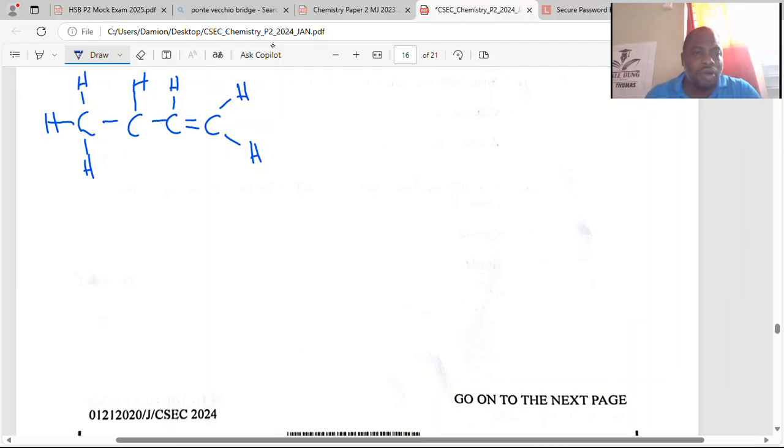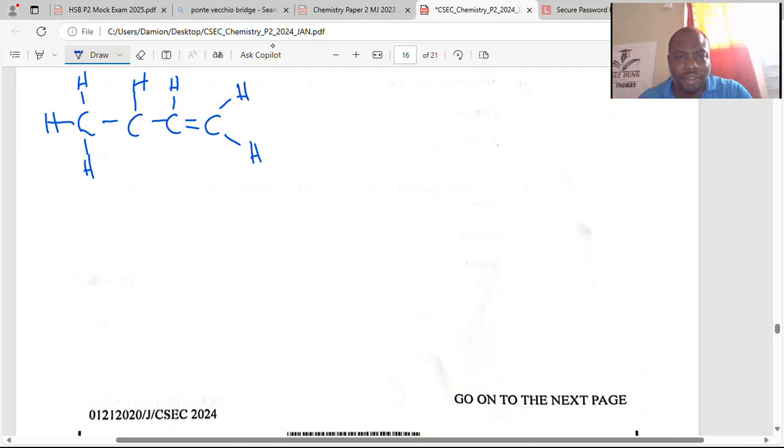Now, when we get an organic compound, you need to know the functional group of the different organic compounds, and it will make it very easy for you to identify to which homologous series the organic compound belongs. Each organic compound has a functional group. So anybody can tell me what's the functional group of an alkane?